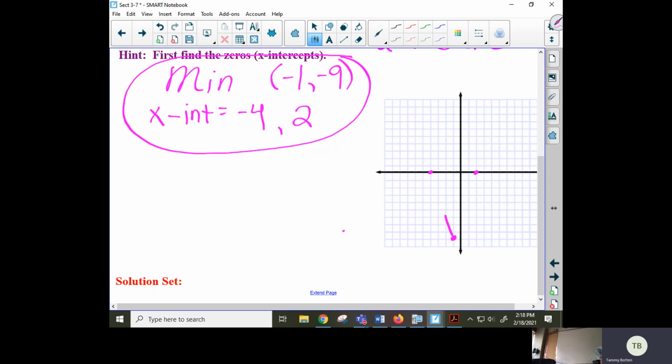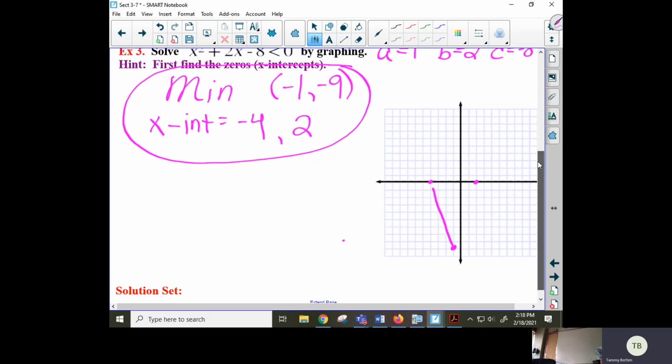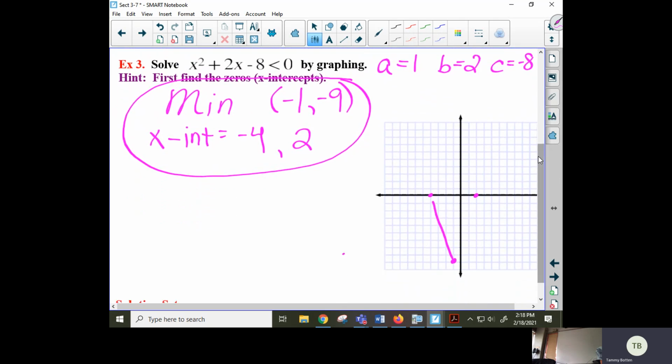And then you have these points, oops, and is this one solid or dashed? Dashed. So these we're just going to use the minimum or maximum value, and we're going to use the x-intercepts, okay?